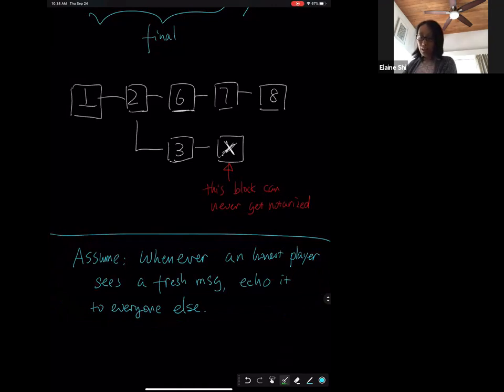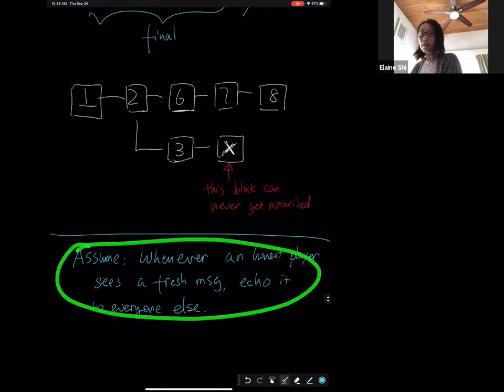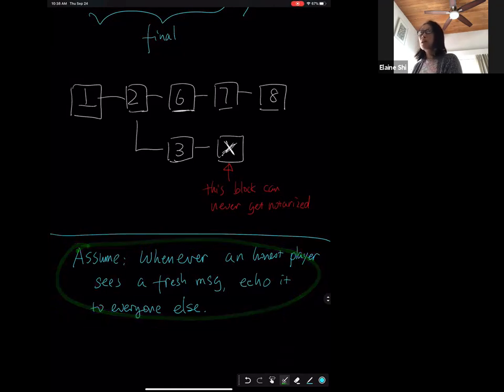In fact, guaranteeing this in a practical implementation is slightly tricky, because you have to think about, if my node crashes and comes back online, what do I do?